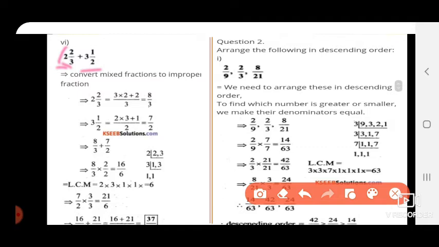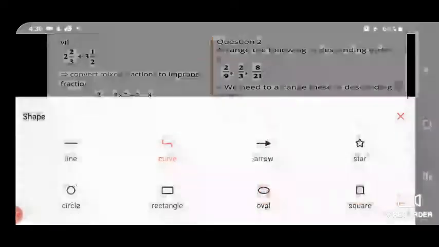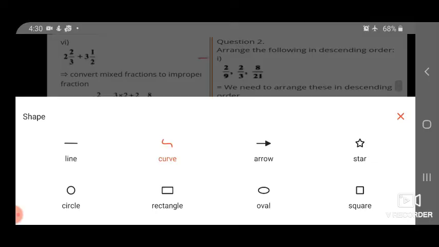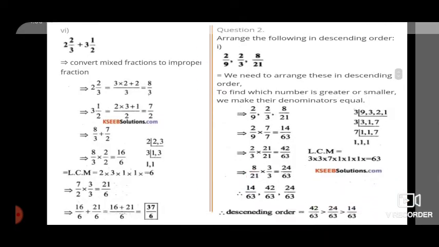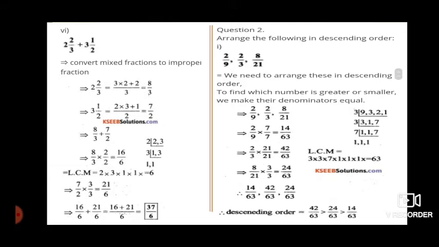That is 3 into 2 plus 2, the numerator, by the denominator 3. The same way, children, here we are converting both the fractions. 3 into 2 plus 2 by 3 is equals to 3 2s are 6, 6 plus 2, 8 by 3.